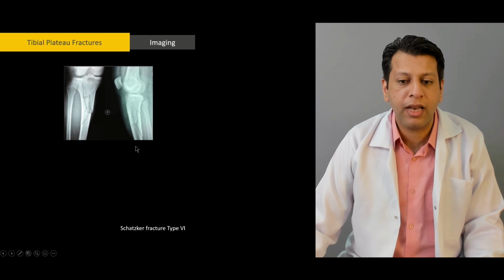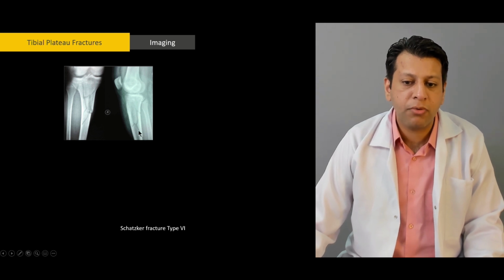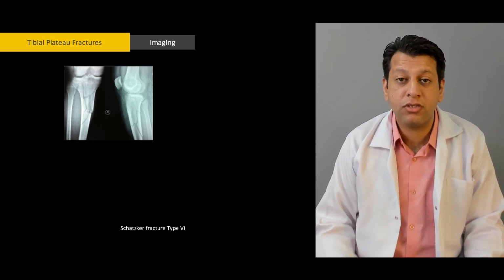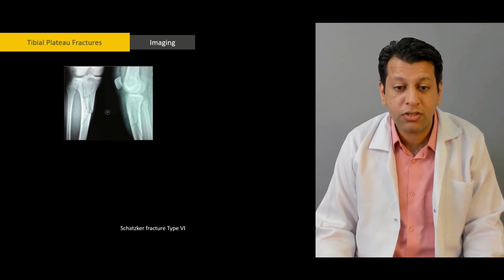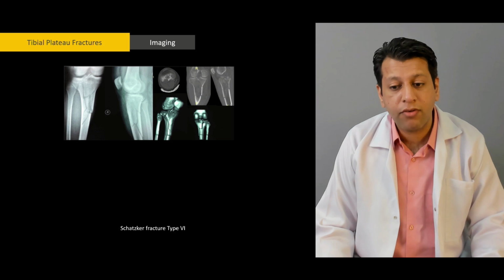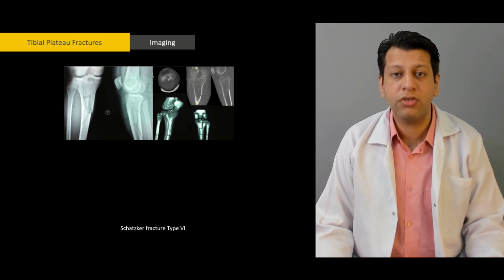If you see, this is the lateral view. Similarly, you can appreciate that the fracture lines reach the metaphyseal diaphyseal junction, making it a very unstable fracture. So if it's unstable, you need to treat it as well.